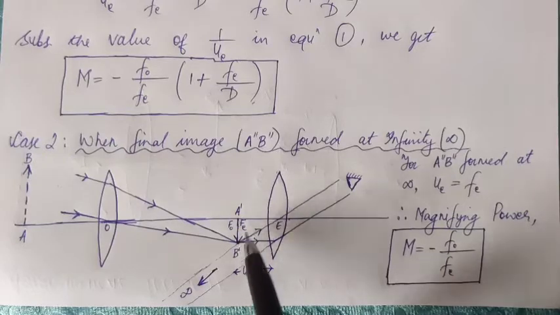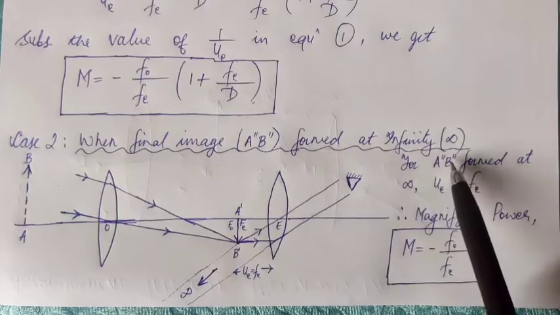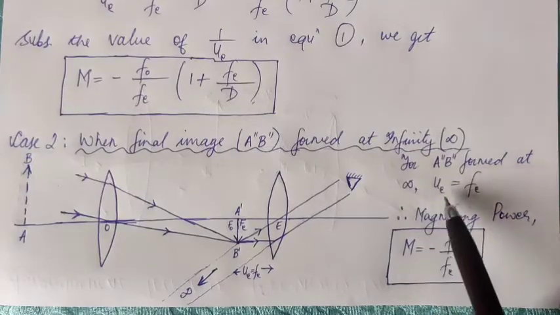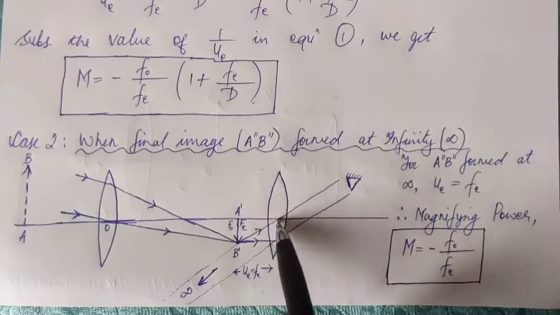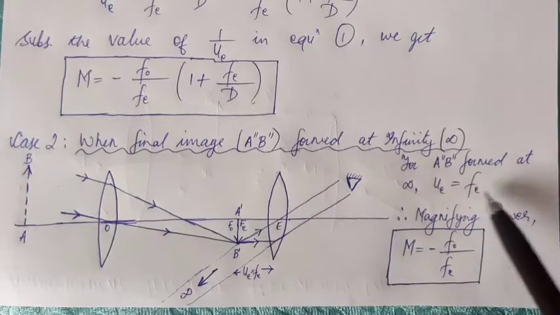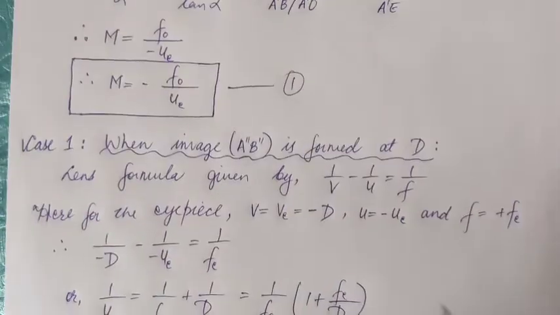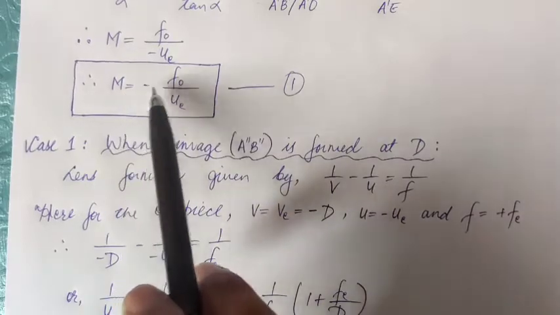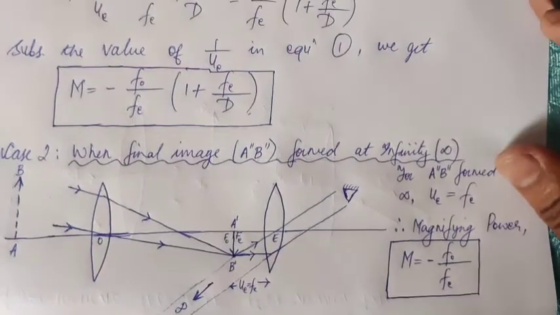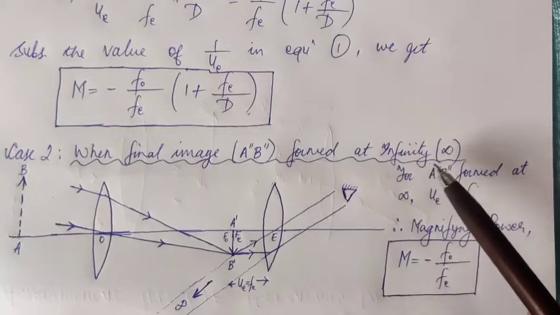Only in that case we have the image formed at infinity. So the object distance from the eyepiece UE should be equal to its focal length itself, FE. And thereby, using this case in equation number 1, so UE is equal to FE, we have magnifying power is minus f0 by FE. So that is the value of magnifying power, here you can see, when the image is formed at infinity.